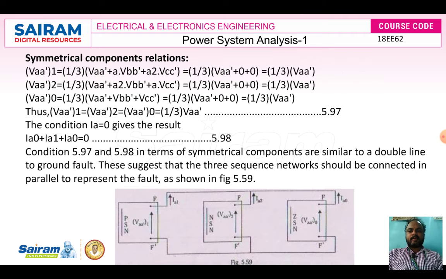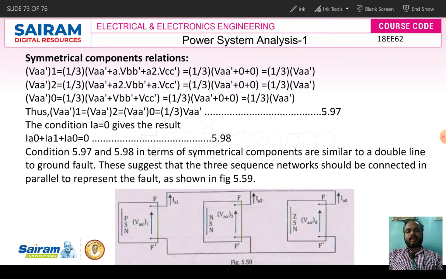Using these terminal conditions, we will find the sequence components. The sequence components of voltages VAA dash 1, VAA dash 2, VAA dash 0 are all equal to 1 by 3 VAA dash, after substituting the terminal conditions in the voltage equations.